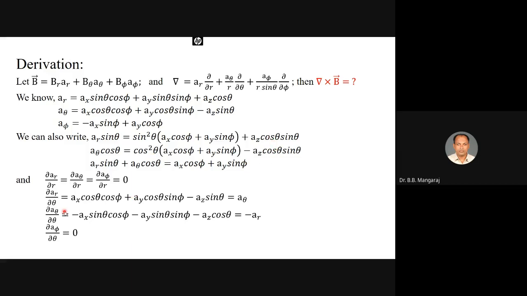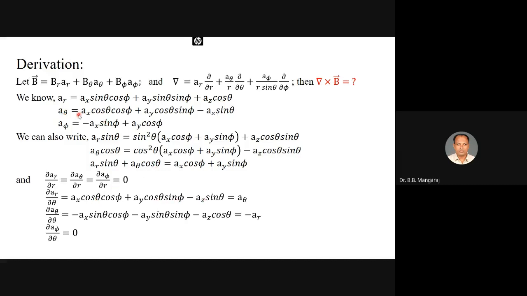Now, if we find partial derivative of a_r, a_theta, a_phi with respect to r, then it is 0 because all these three expressions are free from r. There is no r terms here. If we find out partial derivative of a_r with respect to theta, we'll get an expression because there are theta terms here. After differentiation, it is a_theta, the other one.